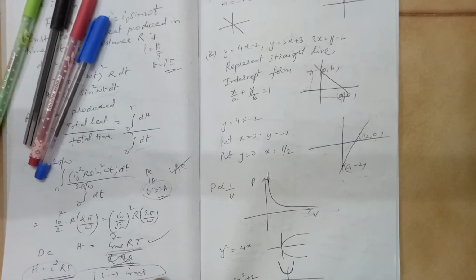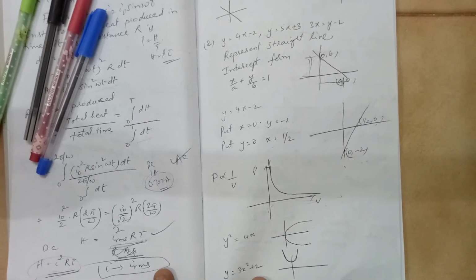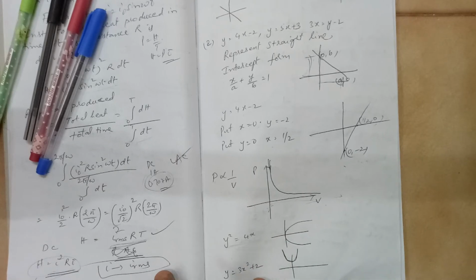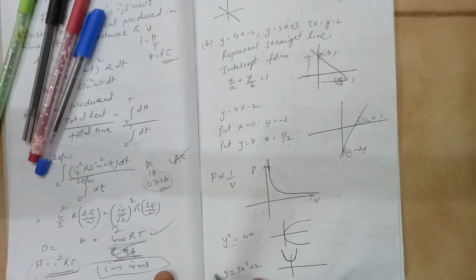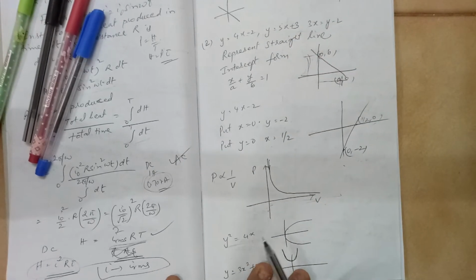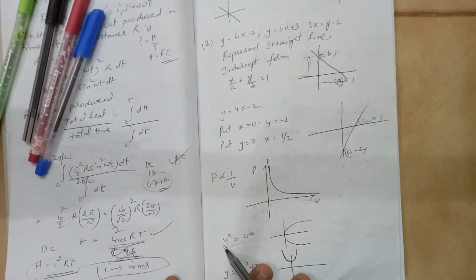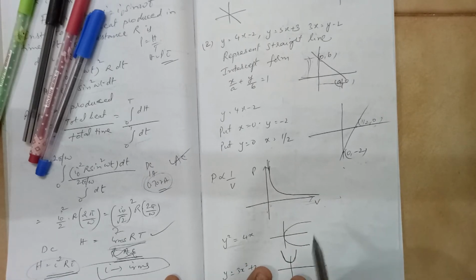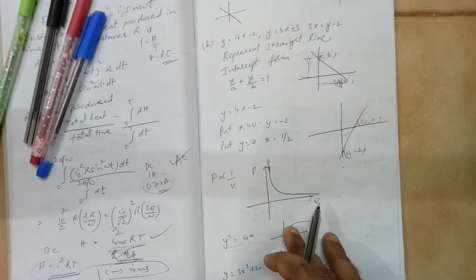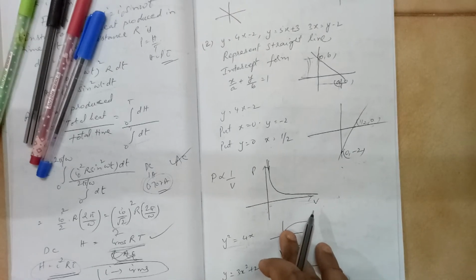Another quite common one is a parabola. So y square is equal to 4x. If you get this type of equation, the parabola passes through the origin. Whenever you get a parabola, you have to see about which axis it is symmetrical.